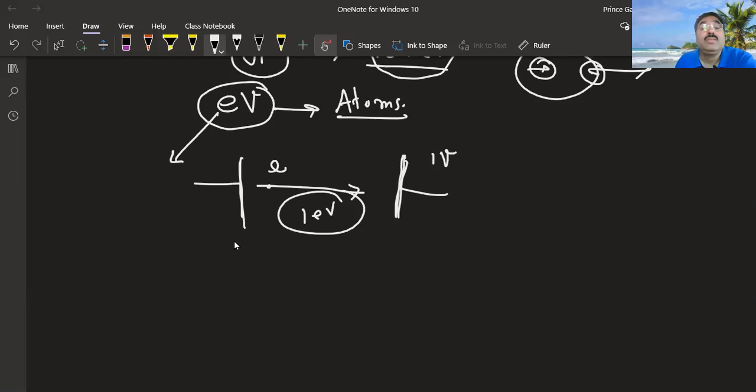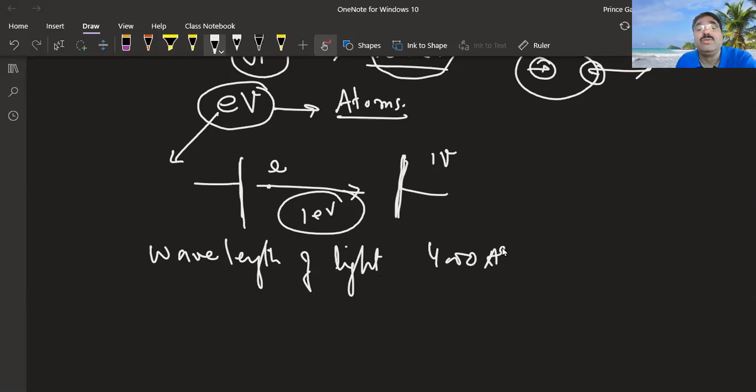Okay. So typically, the wavelength of light is around 4,000 angstrom to 8,000 angstrom. And one can easily calculate the energy of the photons that are associated with light.